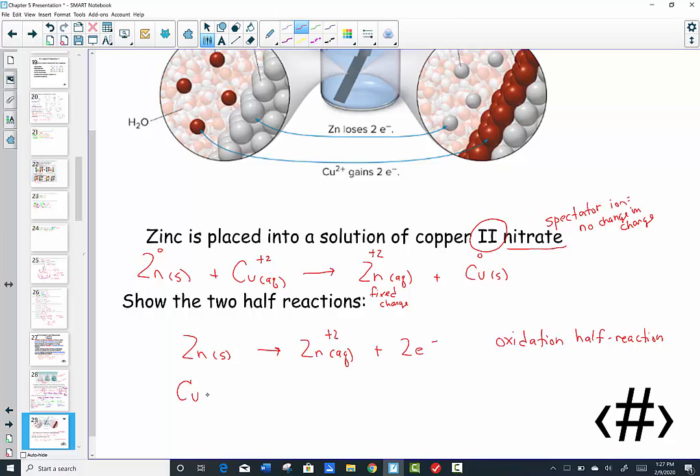Copper started as an aqueous ion and went to an elemental atom. To do that, it had to gain 2 electrons. To become +2 down to 0 is a gaining of electrons, making it become more negative. This is the reduction half reaction.